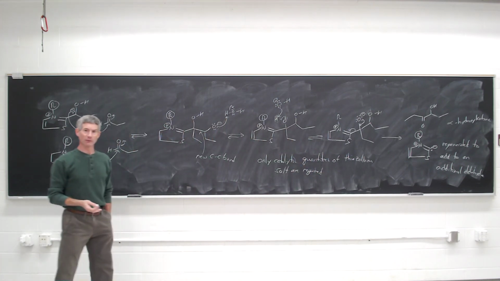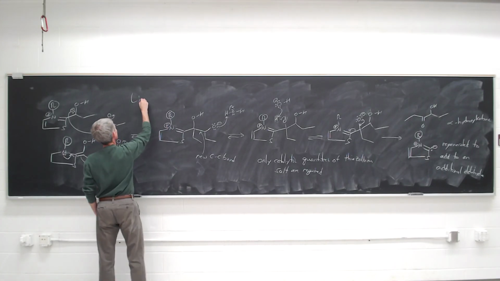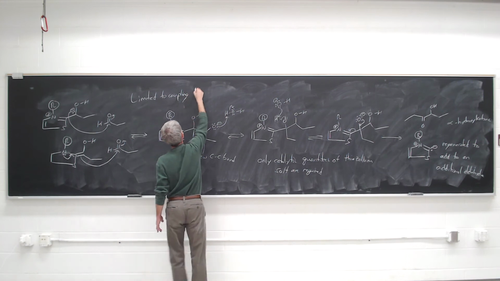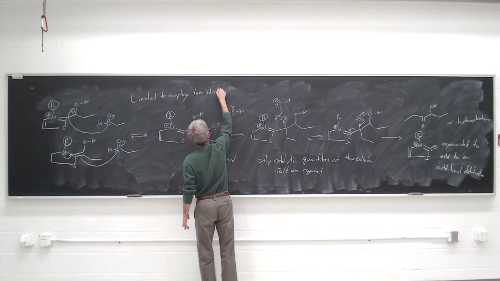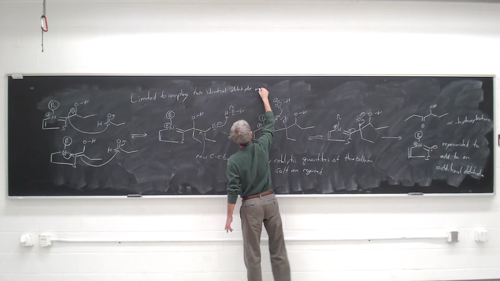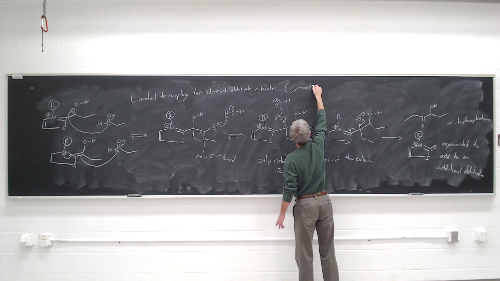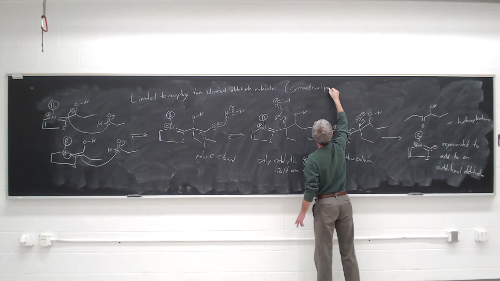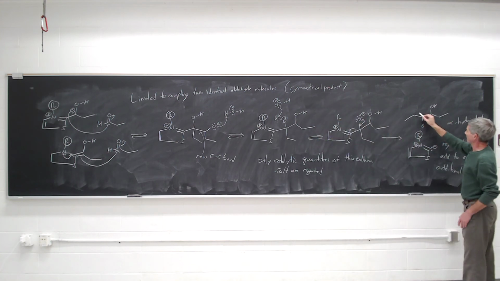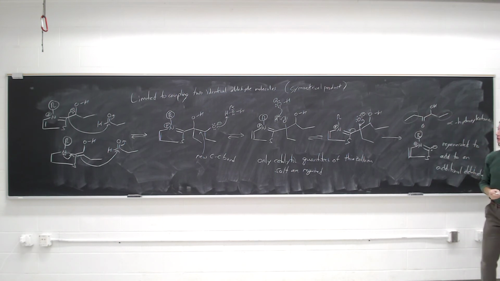But because most of these steps are equilibrium, it's limited to coupling of two of the identical aldehydes, to generate a product that's kind of symmetrical, that has the same substituent on the ketone side and the alcohol side of this alpha hydroxy ketone.